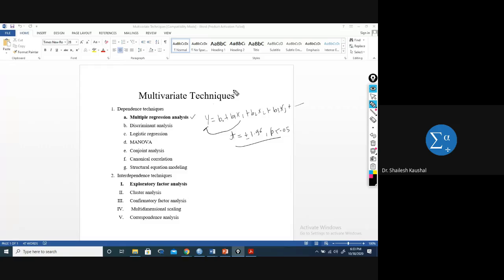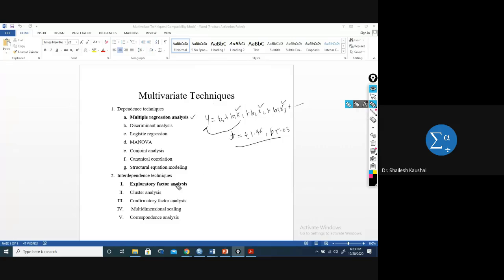Okay. So we check the impact of x1, x2, x3 and other variables on the dependent variable. Same as in multiple regression analysis, we check the impact of independent variables on dependent variables.